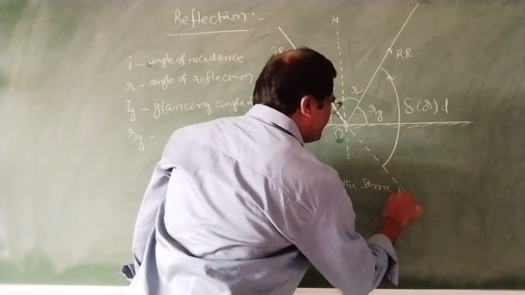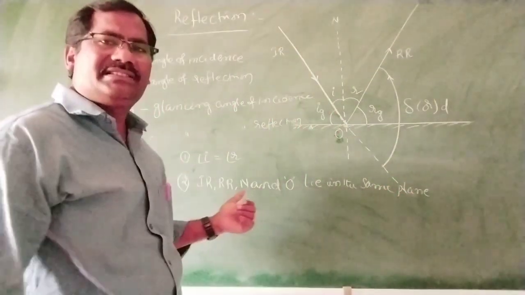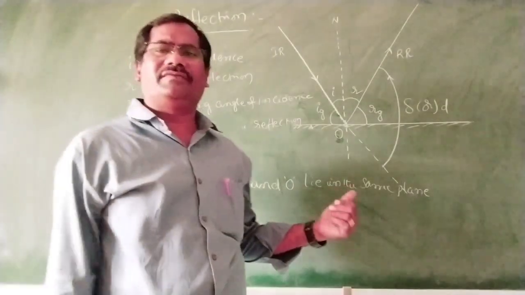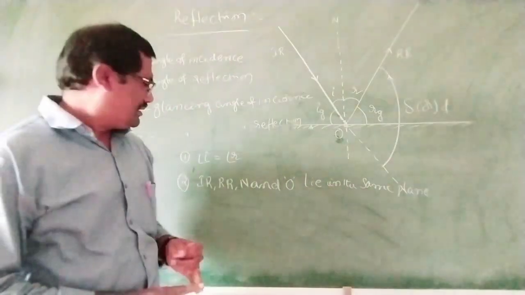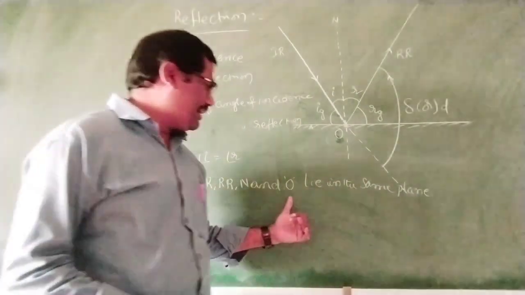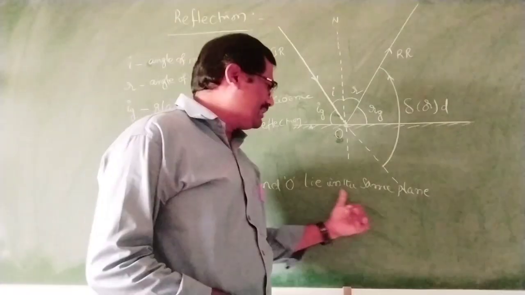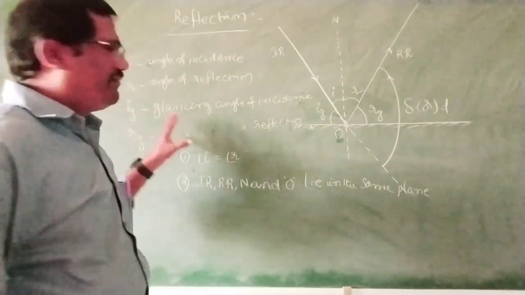These are the two laws of reflection: the angle of incidence is equal to the angle of reflection, and the incident ray, reflected ray, normal and point of incidence lie in the same plane.